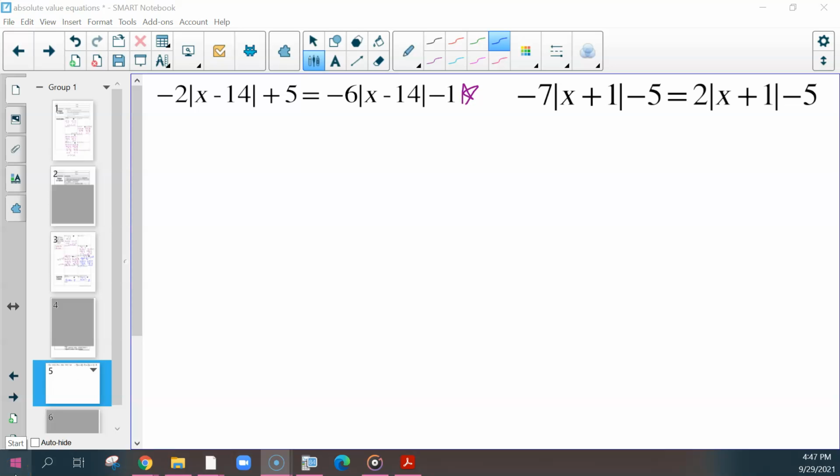All right, so the very first thing we're going to do is move all the absolute value signs to the same side. Does not matter whether you move the negative 2 times absolute value of x minus 14 to the right, or the negative 6 times the absolute value, x minus 14 to the left. I am going to move to the left, and I'm going to, so still think solving equations. I'm doing the opposite.